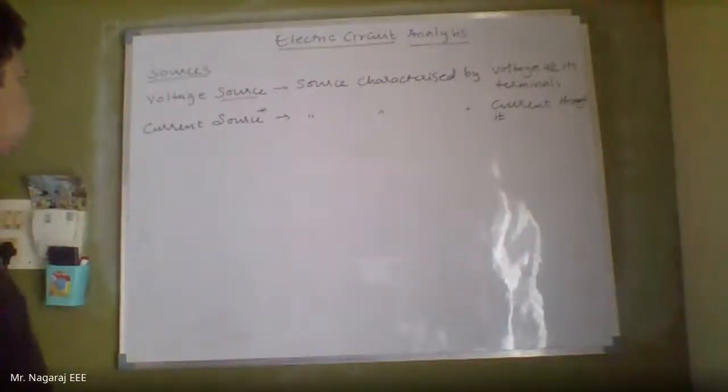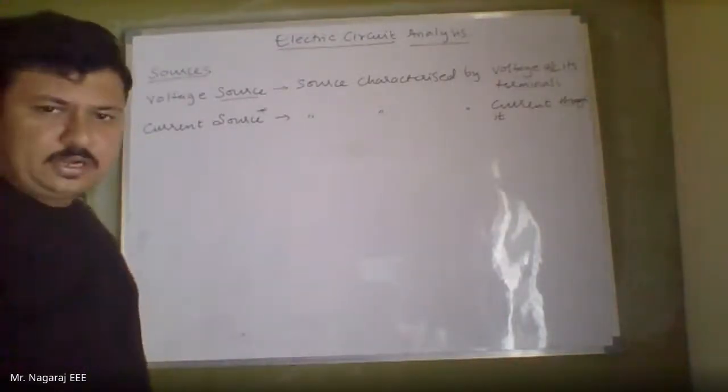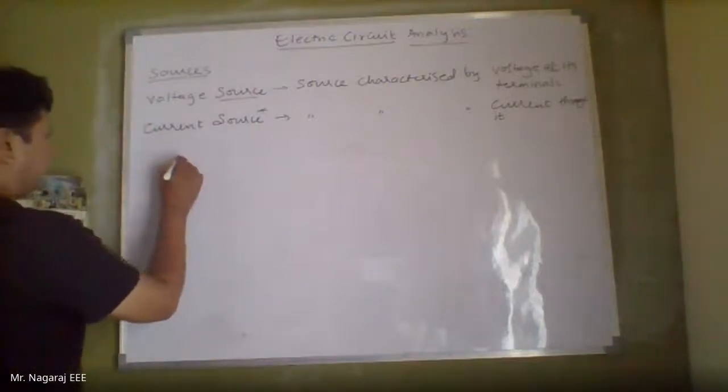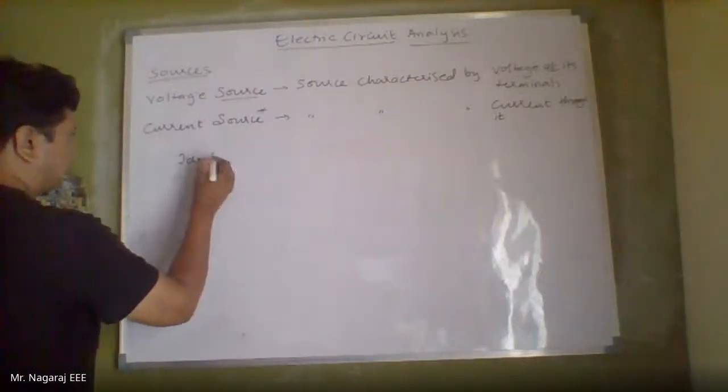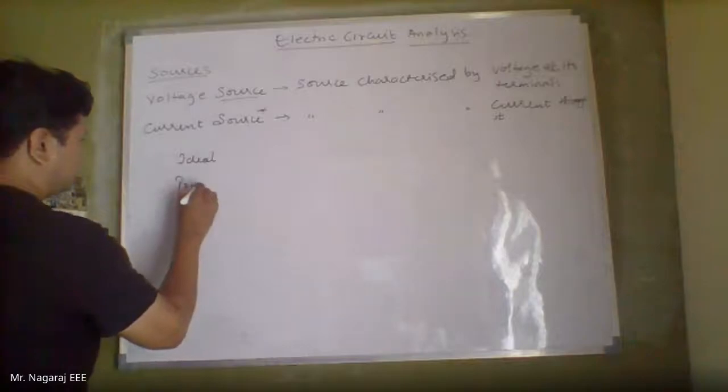And these voltage source and current source can be dependent or independent. First, it can be ideal or practical. First, we'll see that, ideal or practical.